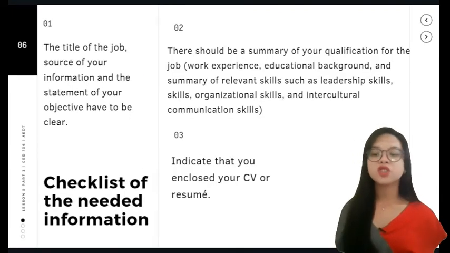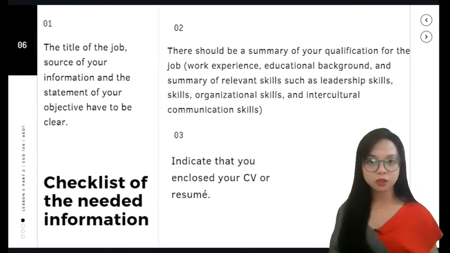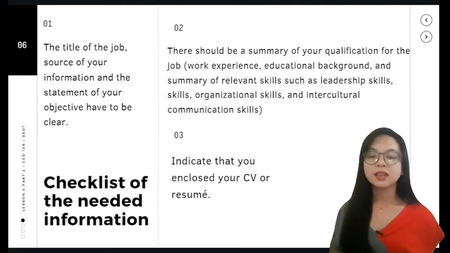So here are the checklist of the needed information after writing the application letter. The title of the job, the source of your information, and the statement of your objective have to be clear. You should always see to it that your purpose while you're applying to the job is very clear and is well understood by your readers.